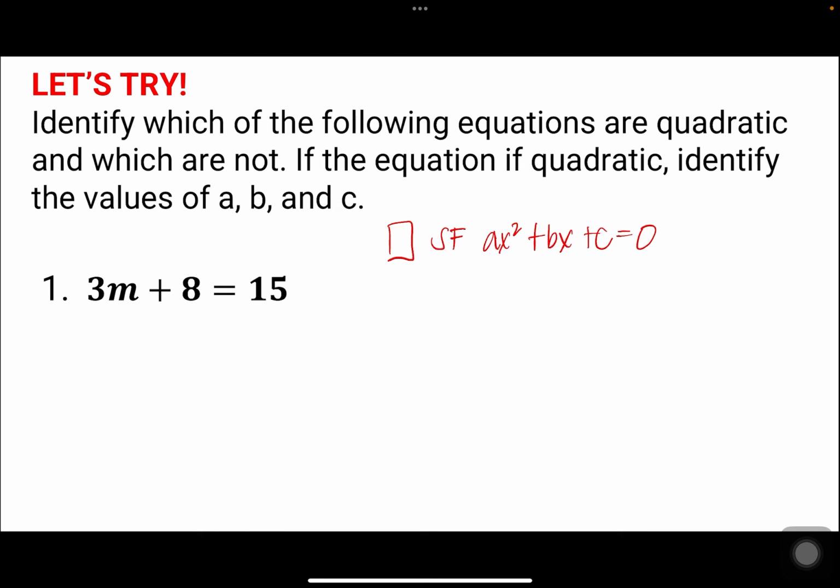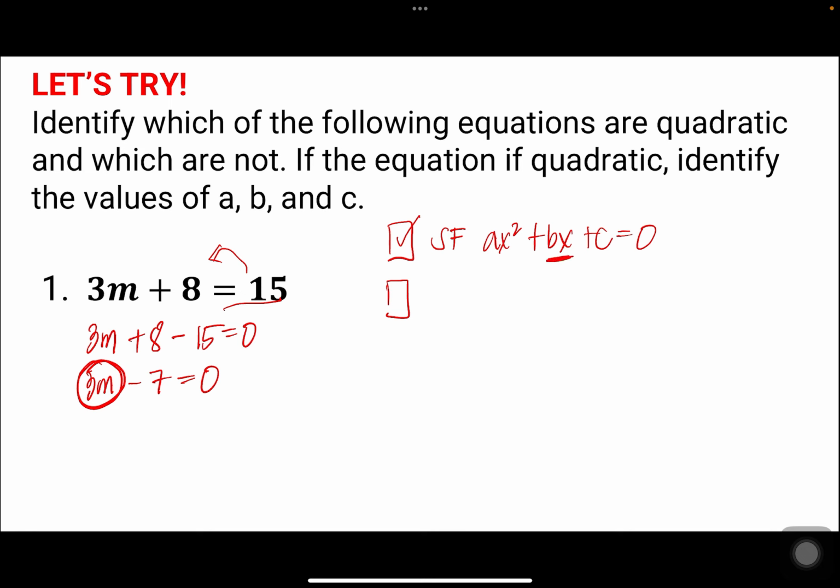As you can see, hindi po siya naka-equate kay 0, so transpose natin. So magiging 3m plus 8 minus 15 is equal to 0. So 8 minus 15 is negative 7, so magiging 3m minus 7 is equal to 0. Okay na siya. Next. But as you can see, wala siyang x squared or m squared. Ang pinakamataas niya lang ay m.